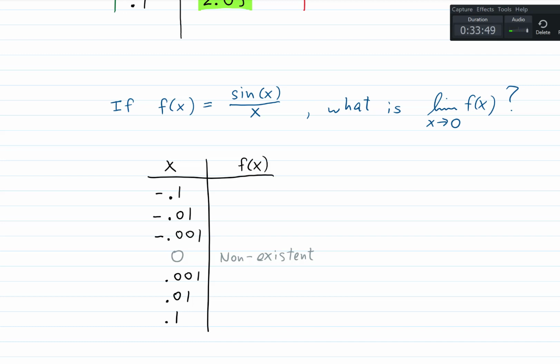I'm typing this into a calculator, and that's why I'm going a little bit slow. So I have the sine of negative 0.1, and then I'm going to divide that.